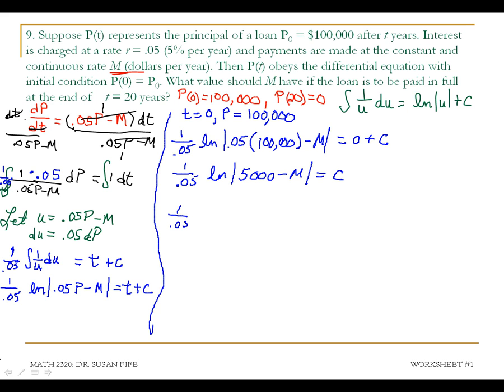1 over 0.05 natural log 0.05 P minus m equals t plus c, and this is where my c goes, 1 over 0.05 natural log 5,000 minus m, right there.